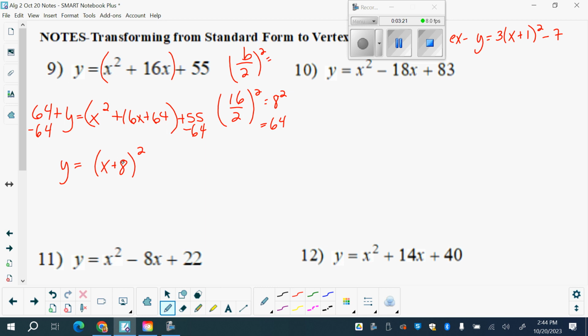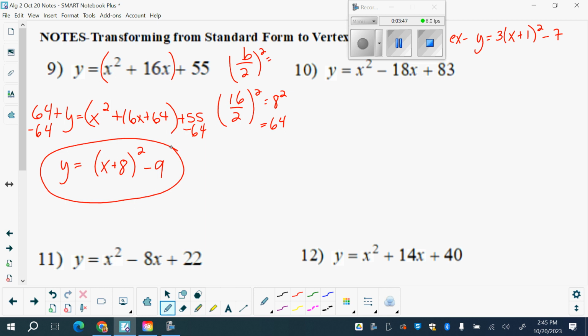And then we want to take the 55 and subtract 64, which is how much? Feel free to use a calculator. Minus 9. And there is your vertex form. Okay, so a lot of steps, not hard, but just a lot of steps. Okay, let's do another one.